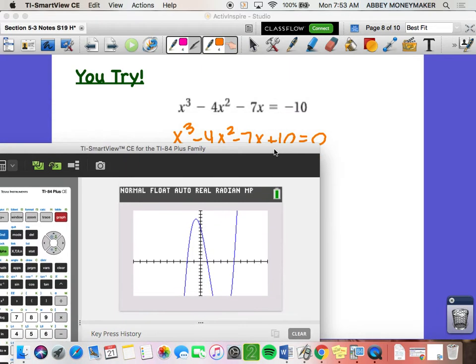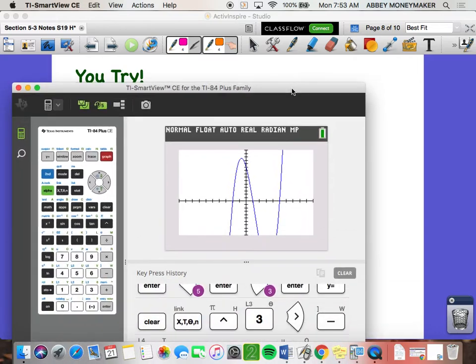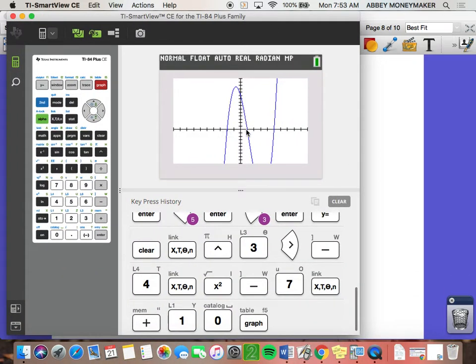And so we can see here, this was x cubed. It crosses the x-axis clearly 3 times. So we have all 3. And we can find them by doing second trace 0.